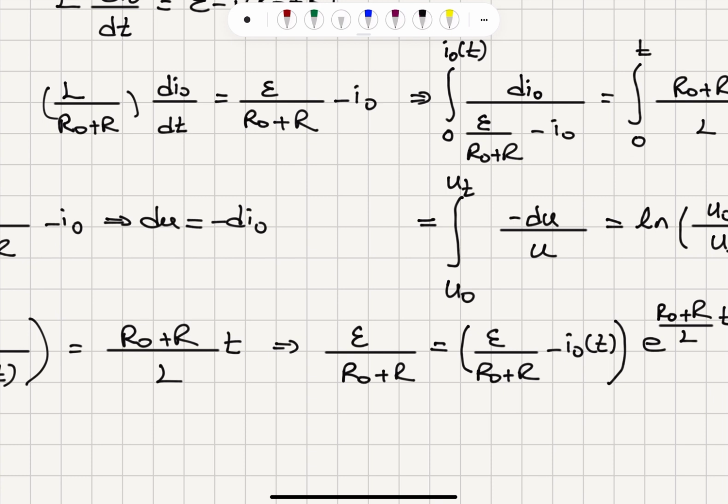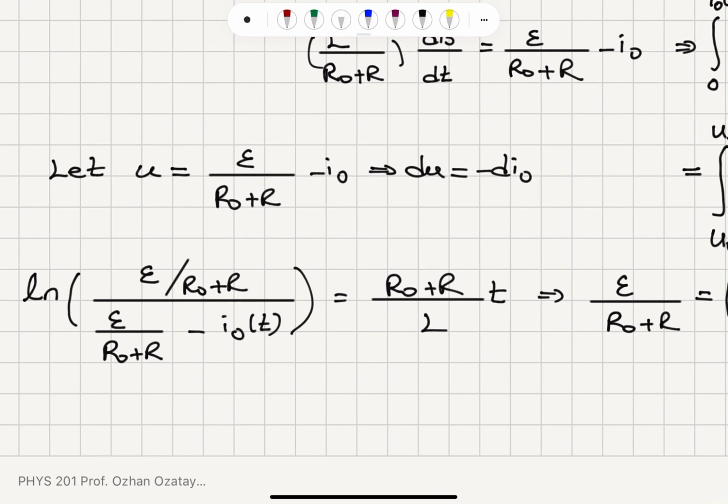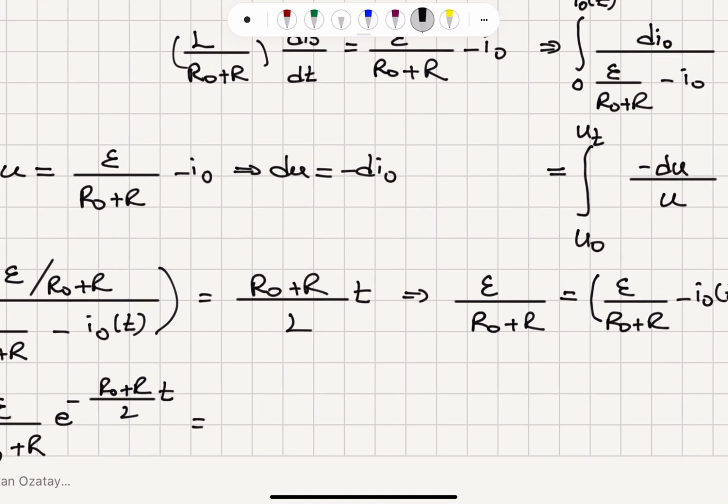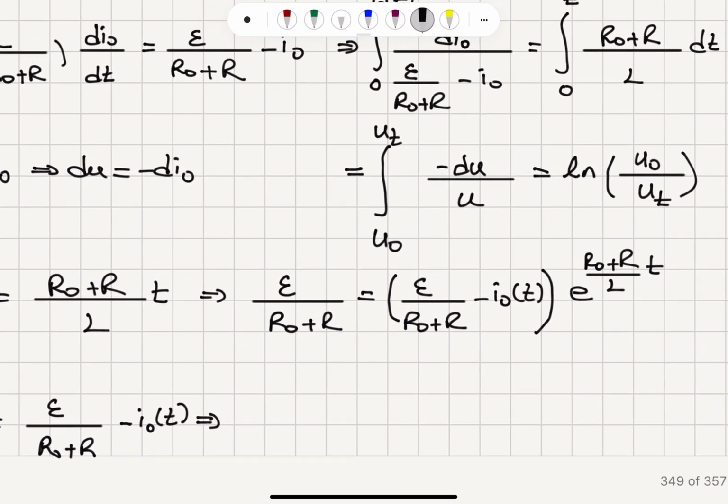If I take this exponential to the left-hand side by multiplying both sides with e to the minus R0 plus R over L t, I will obtain epsilon divided by R0 plus R times exponential minus R0 plus R over L t is equal to epsilon over R0 plus R minus I0 of t, which will allow me to isolate I0 as a function of t.